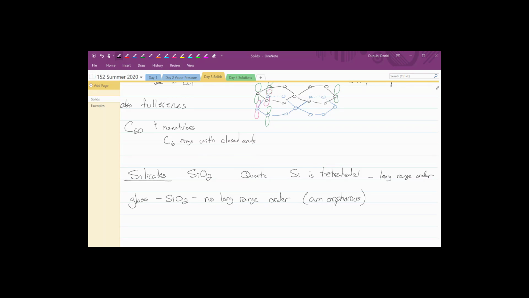If I want to make glass stronger, you add B2O3 to make borosilicate glass under the patent name of Pyrex, because Pyrex came up with that.